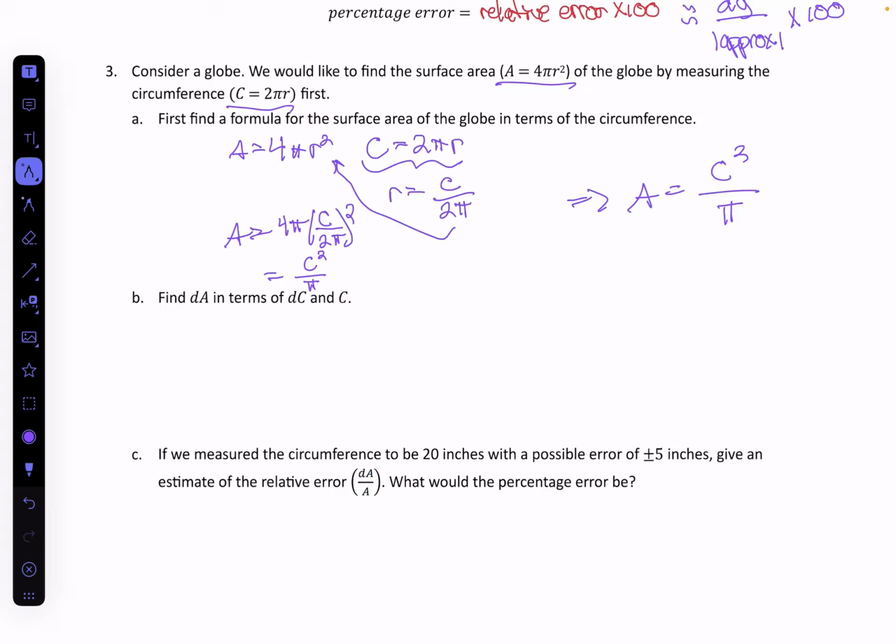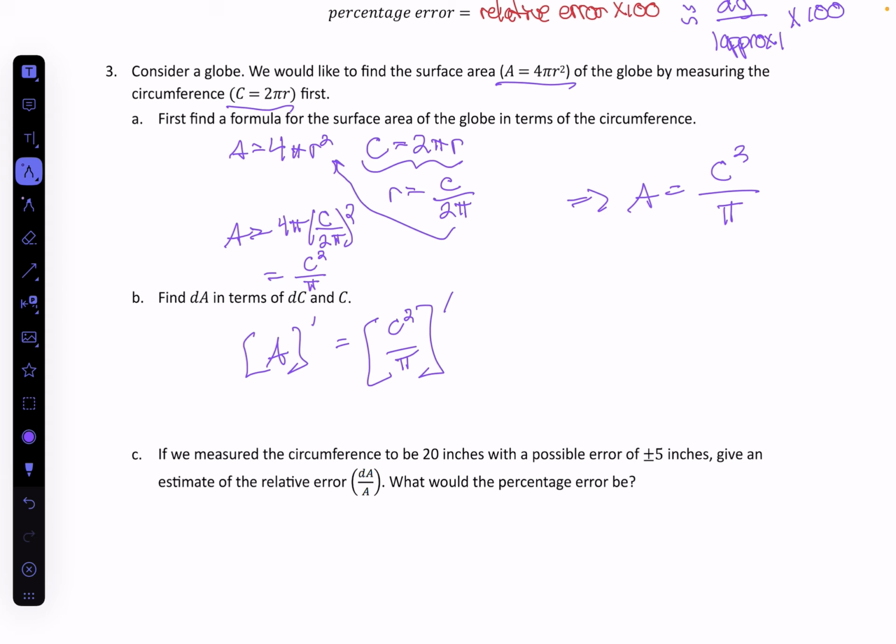Next, we're going to find dA in terms of dC and C, and the way that we are going to do this is simply by differentiating. We are going to differentiate A, and we are going to differentiate c squared over pi.